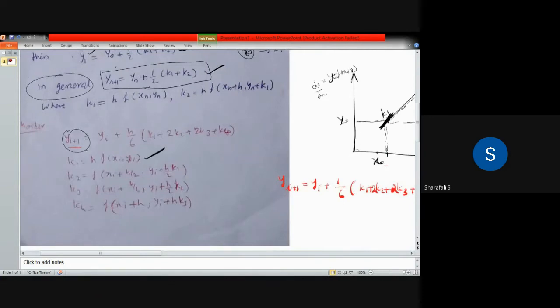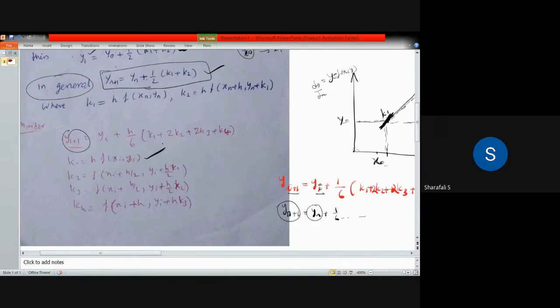This is a general equation for the (i plus 1)th y value, if you know the ith value. Or you can consider it as yn plus 1 equal to yn plus 1 by 6 and so on. That is also possible. So if you know yn, then you have to find out yn plus 1.